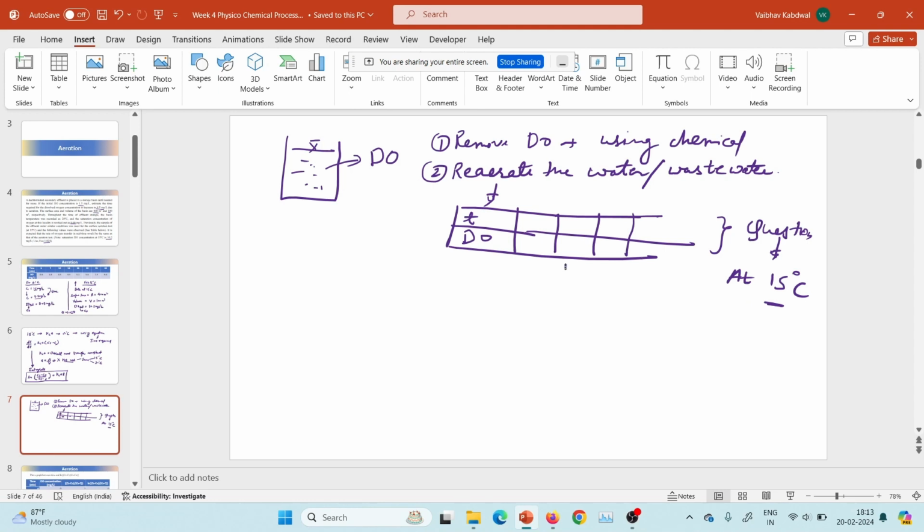So from this 15 degrees Celsius data, we will calculate the KLA value, and then we will find the KLA value at 20 degrees Celsius, and then we will calculate time. So this is our procedure.